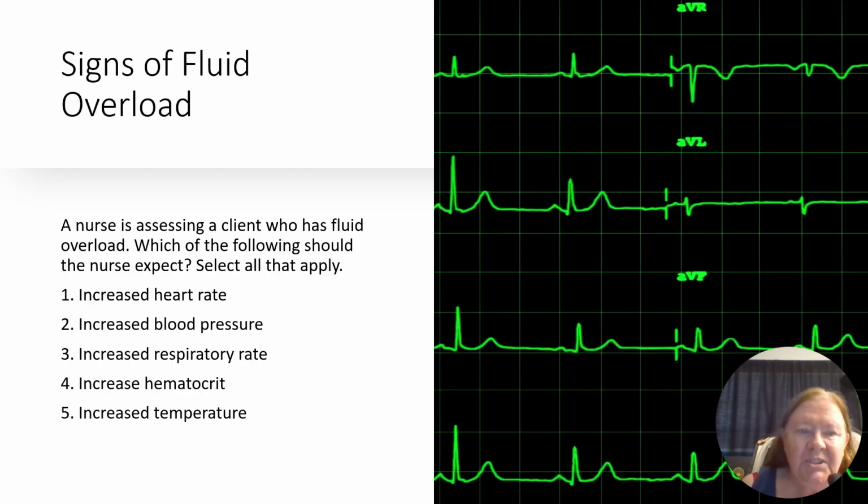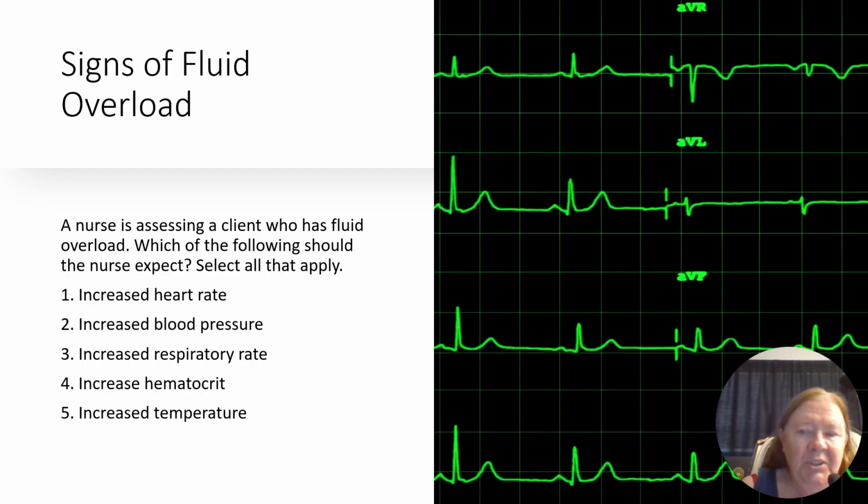So in this case, there would not be an increased hematocrit. Hematocrit may actually be lower. The increased hematocrit would be seen in a client who has fluid volume deficit. Less fluid, more blood. In this case, you have more fluid, so less blood.